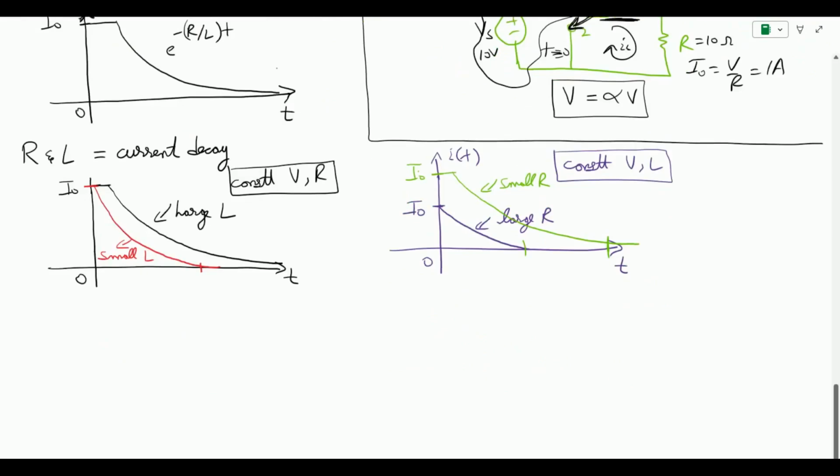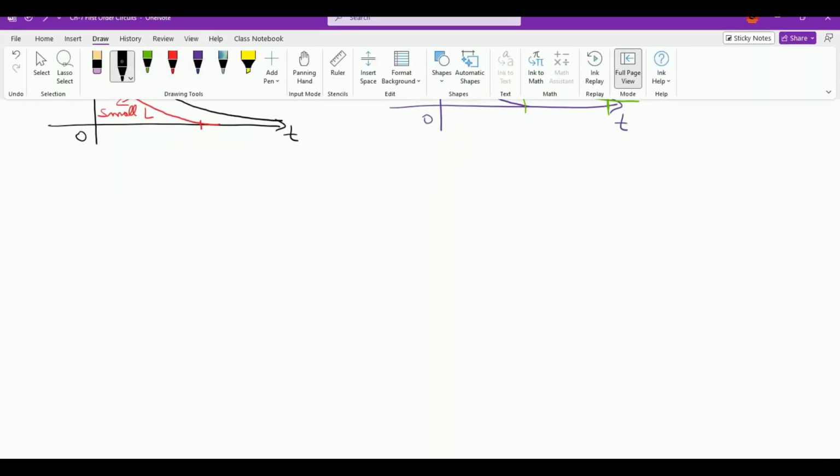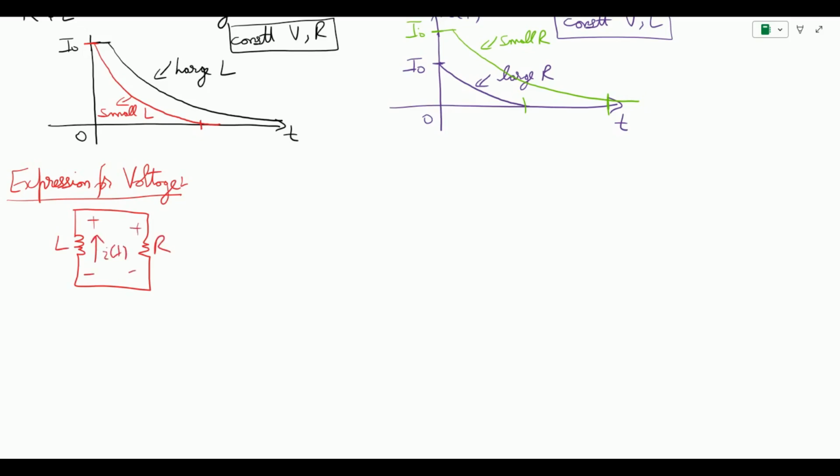Now let us come to finding the equations of the respective voltages for R and L for the inductor. So what is going to be the expression for voltage? For the voltage, we consider the same RL structure. So this is our L, this is R, this is the voltage applied because of the current, and this is the voltage over here.